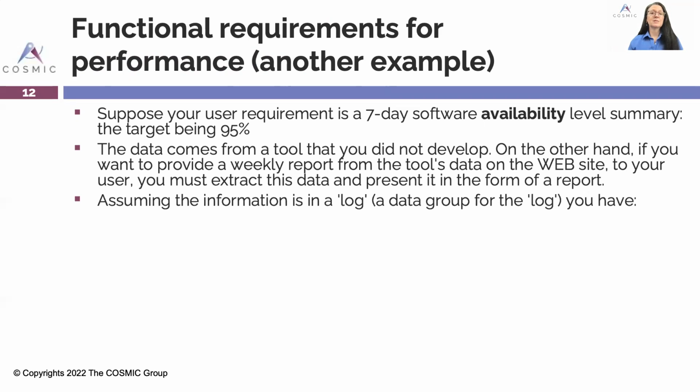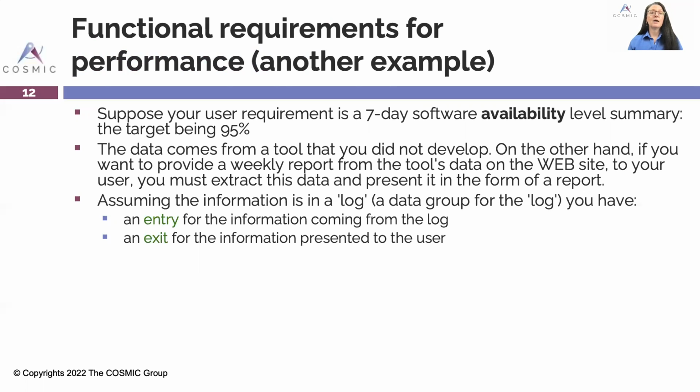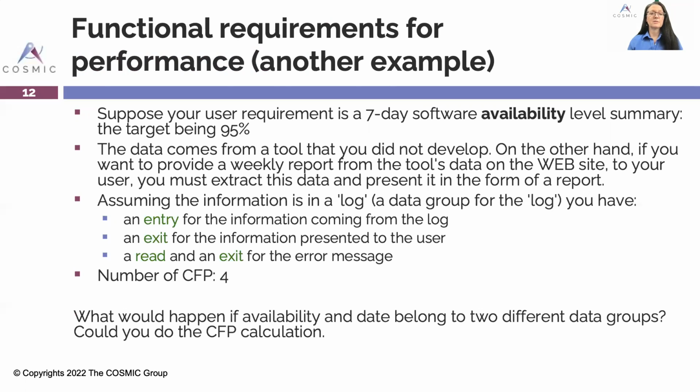Assuming the information is in a log, so there's one data group called the log, you have an entry for the information coming from the log, an exit for the information presented to the user, a read and an exit for the error message. So the size is 4 COSMIC function points.